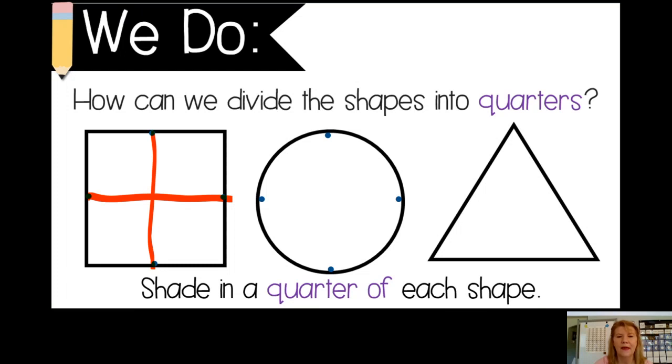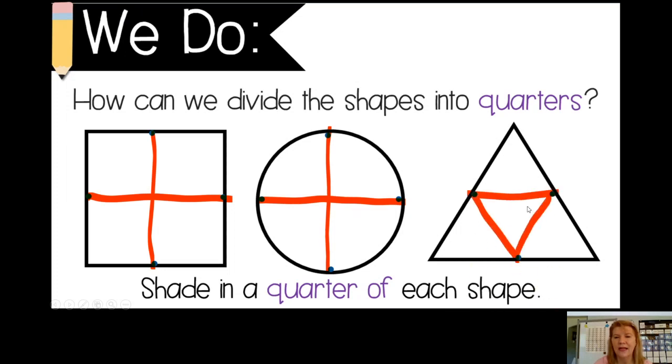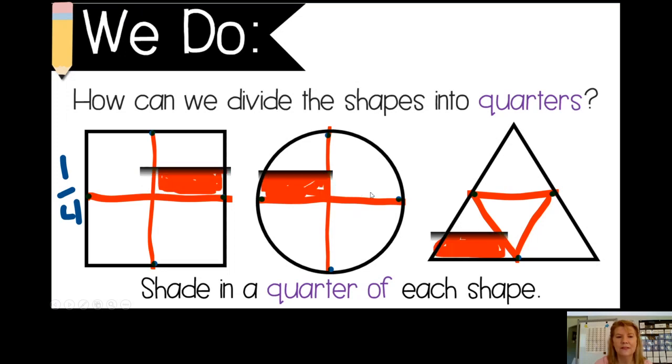I'm going to keep going with my dots and lines. 4 dots on your circle, and my triangle. Remember, the dots go right in the middle of each side, and then you draw your triangle, and that is 1/4 because there are 4 equal parts, and I shaded 1/4.